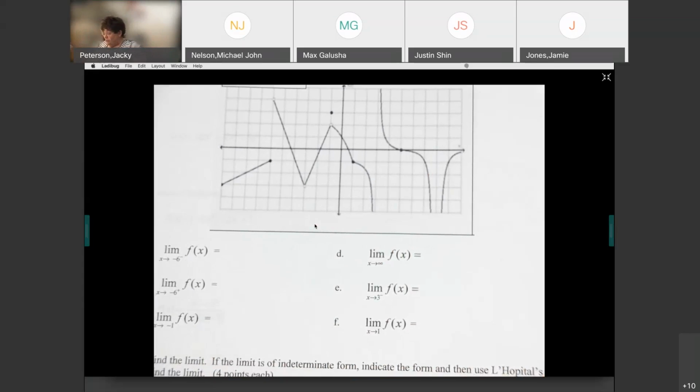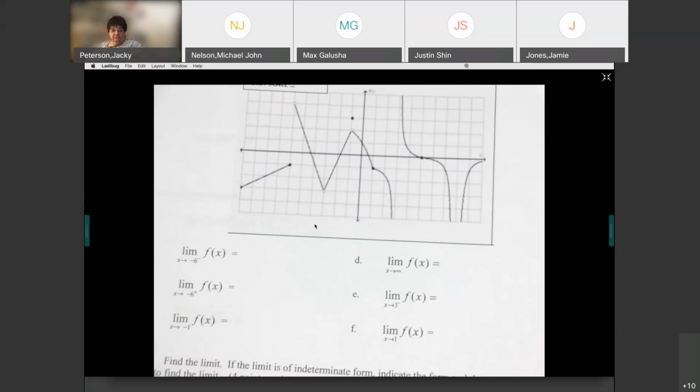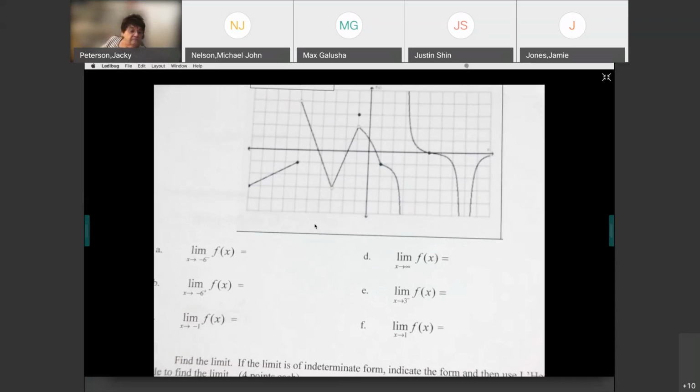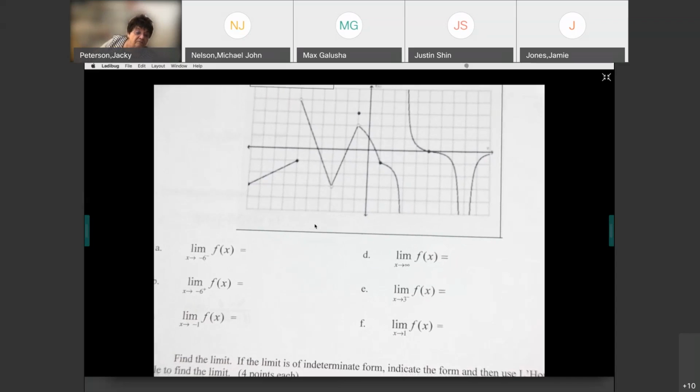Is there anything that you want to see worked between your tests and the final exam review? Anything, guys? Another problem like the last problem?